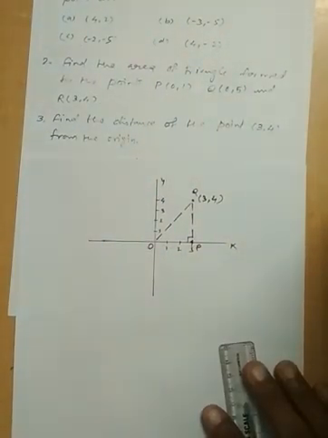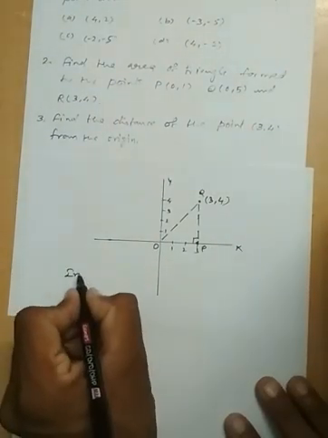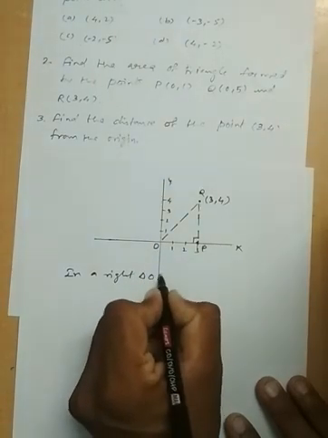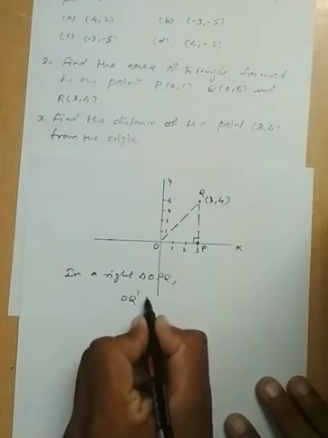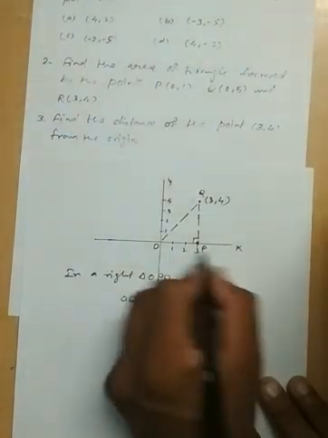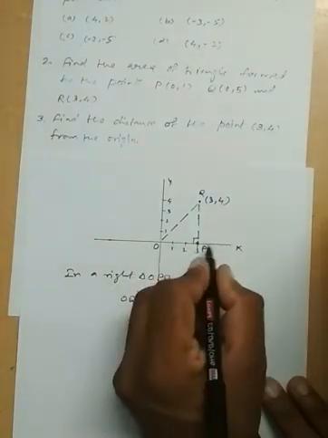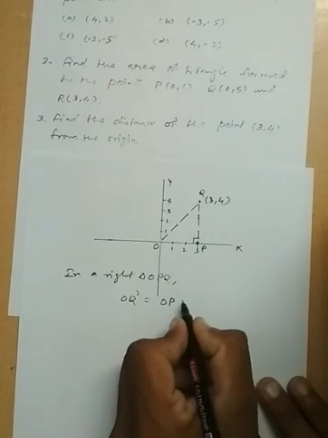So in a right angle triangle, using the Pythagoras property, in the right triangle OPQ, OQ square, hypotenuse square, equals perpendicular square plus base square. Here base is OP and perpendicular is PQ.